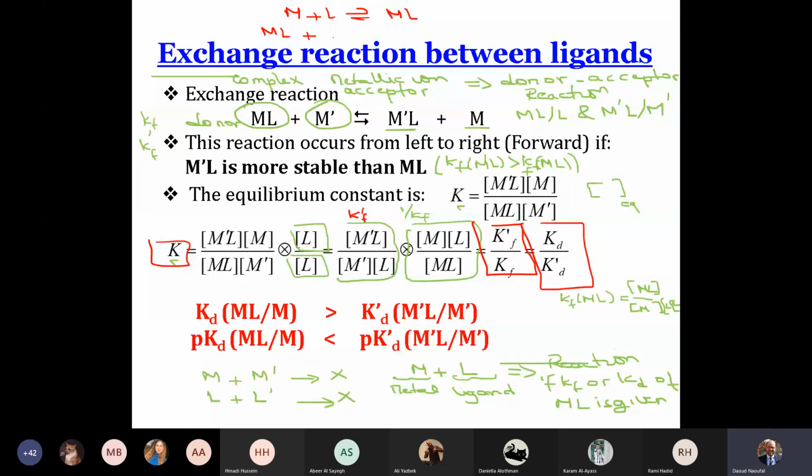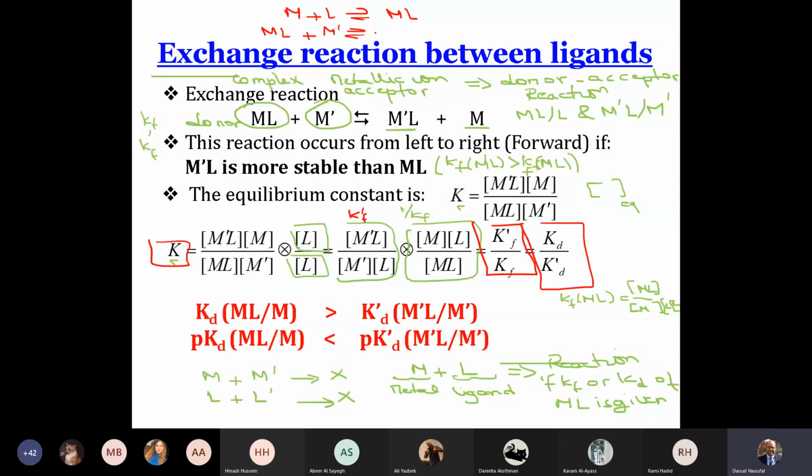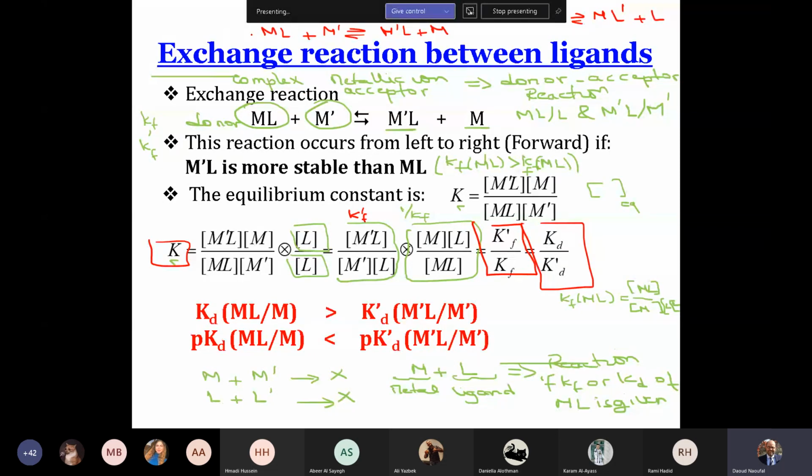ML plus M prime gives M prime L plus M. Or I can have ML plus L prime that gives ML prime plus L. So the first is a reaction of complexation between M and L. The second is the reaction of exchange of ligand between two metallic M. The third is the exchange of metallic M between two ligands. So we have three types of reactions in the complexation.